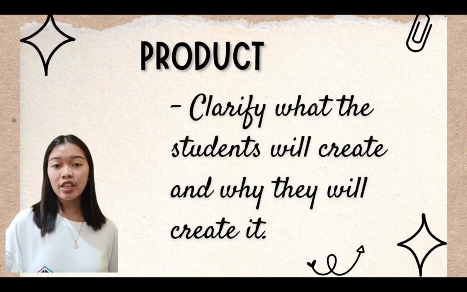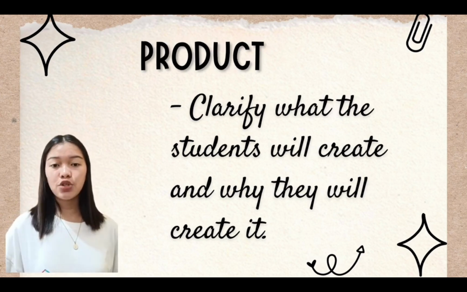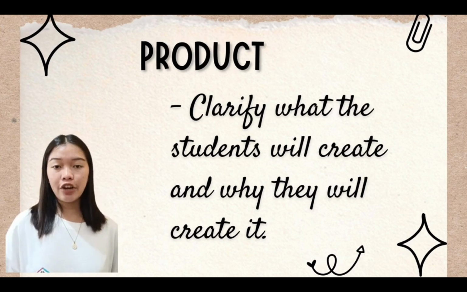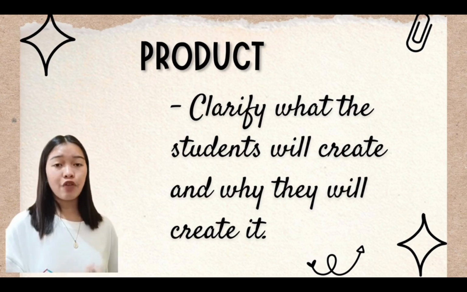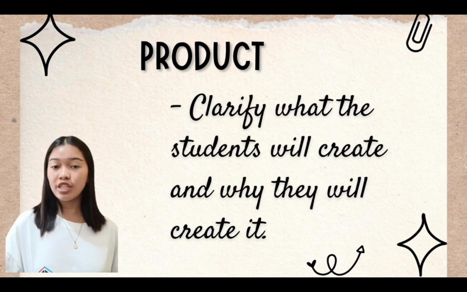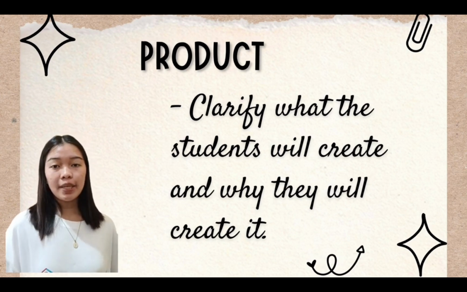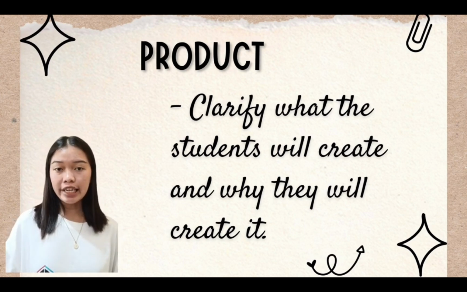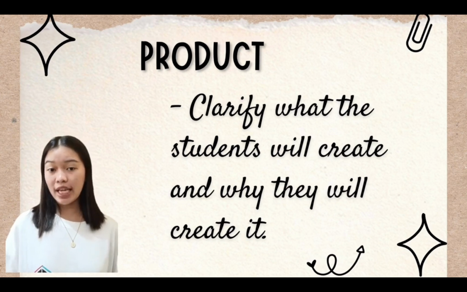Product: clarify what the students will create and why they will create it. Paint a clear picture of the what and why of the product creation or the performance. For example, write a four-stanza poem with four lines in each stanza. So it is about what is created and why it will be created.